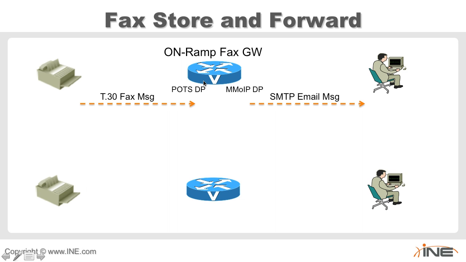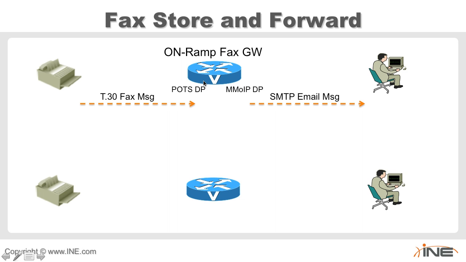It packages them up, attaches a PNG, portable network graphics, to the email, and uses the information from the T.30 as to who that message was destined to and puts that in the To field. It sends it out through an MMoIP, multimedia over IP, dial peer, and emails it either directly or typically to a unified messaging server such as Unity Express or Unity Connection.